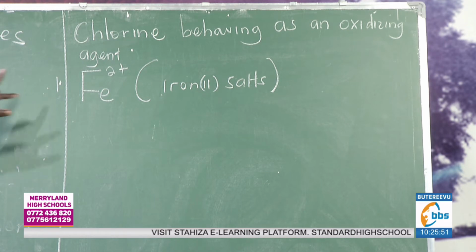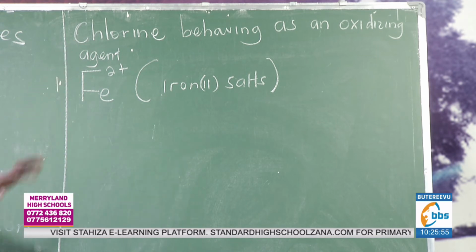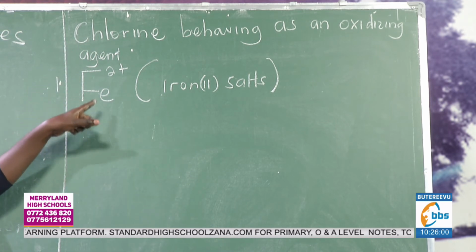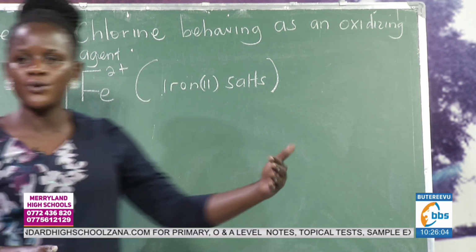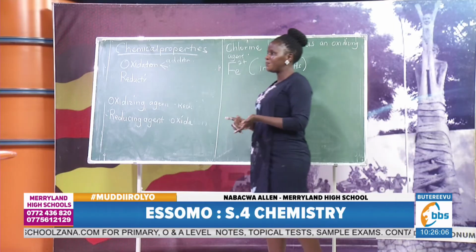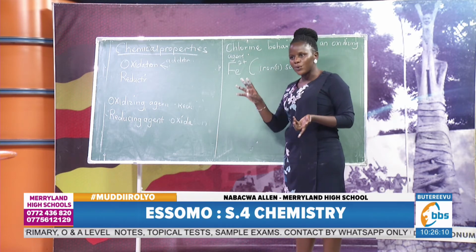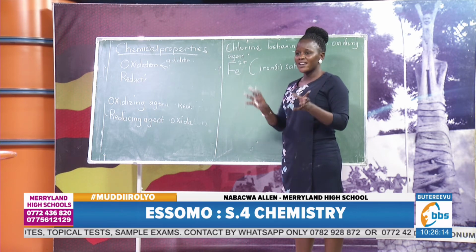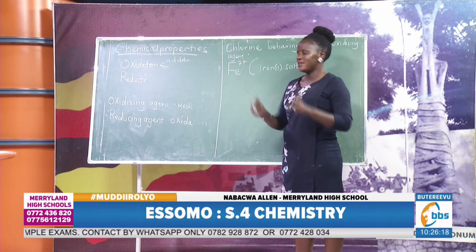Therefore, when chlorine gas is bubbled through a solution of iron 2 chloride, what do you observe? You observe that a pale green solution turns to a yellow solution, because iron 3 is yellow in solution. They will be reddish brown when they come out as precipitates, but in solution they are yellow.